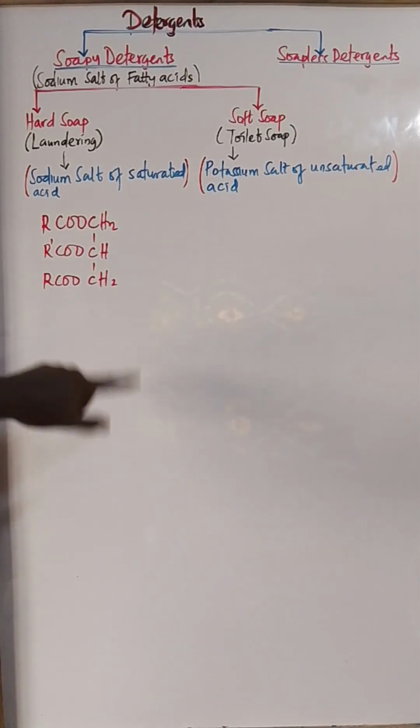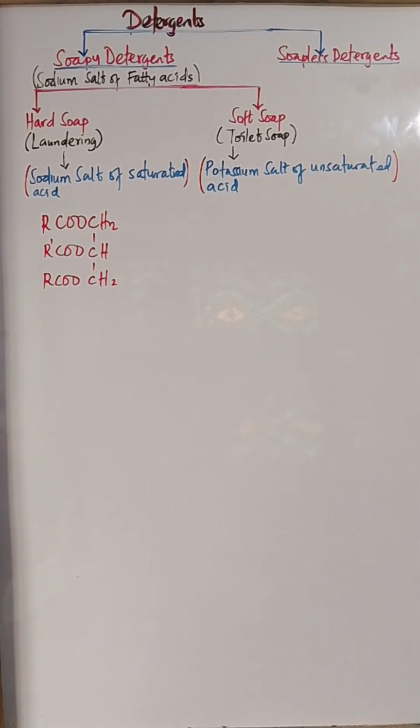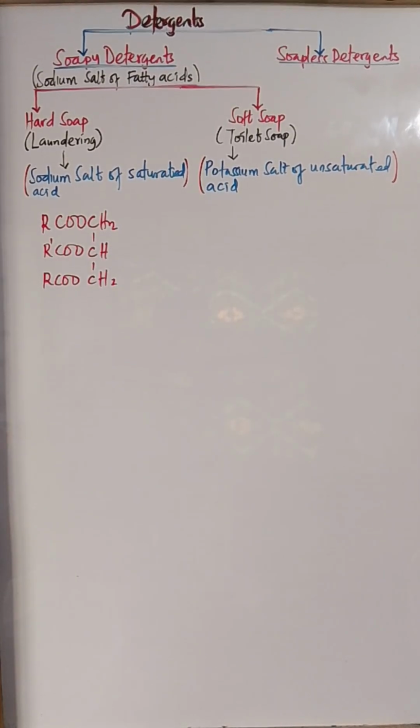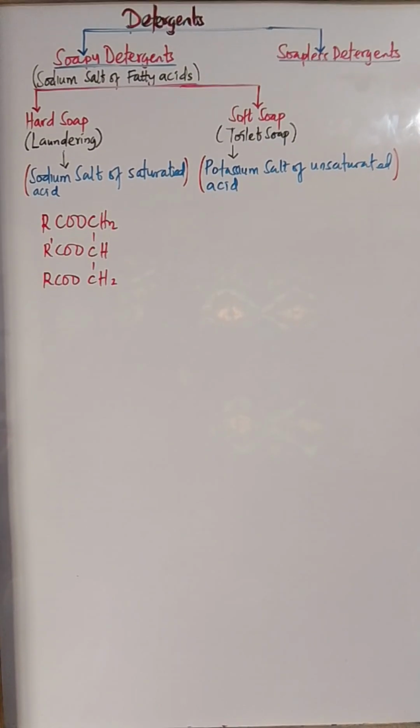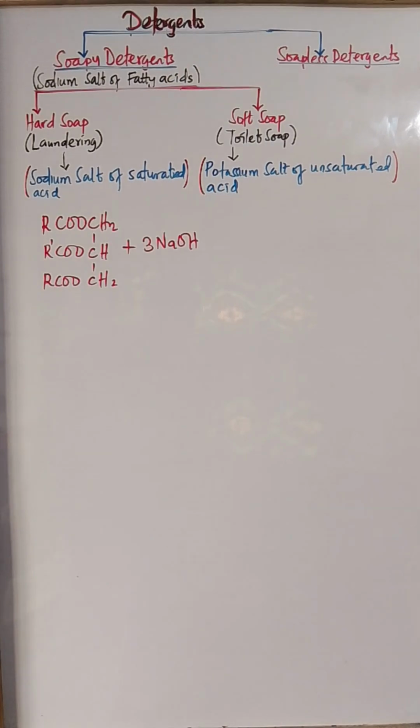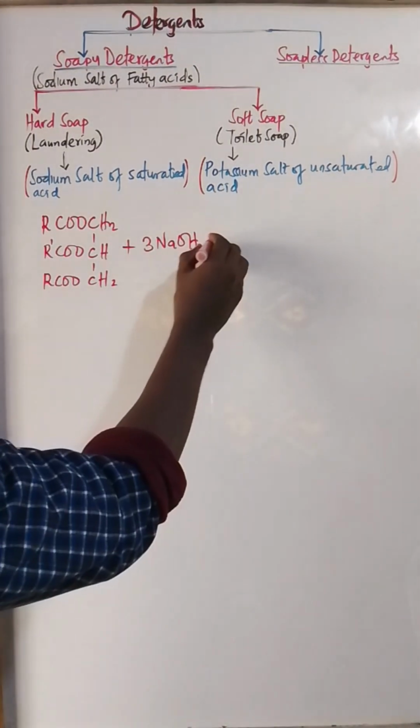And this is gotten by the reaction between fatty acid and ethanol, if you recall. So the type of saturated fatty acid we use here is stearic acid, which we can get from animal fat. Then what next? Saponification. What is saponification? We hydrolyze this ester with caustic soda, 3 molecules. And what will be the products? The soap and glycerol.